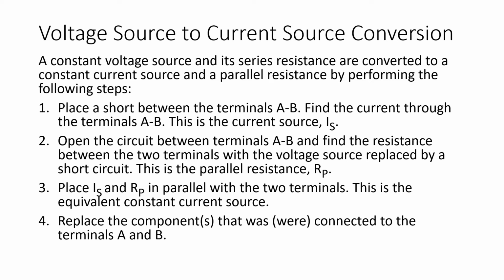And this is the value of our parallel resistance, RP. Then we place IS and RP in parallel with the terminals A and B, and this is our equivalent constant current source. Then we replace the component or components that were originally connected to the terminals A and B.